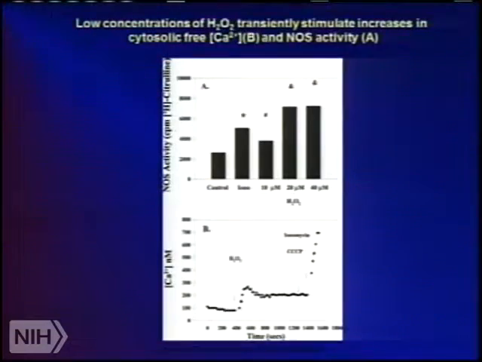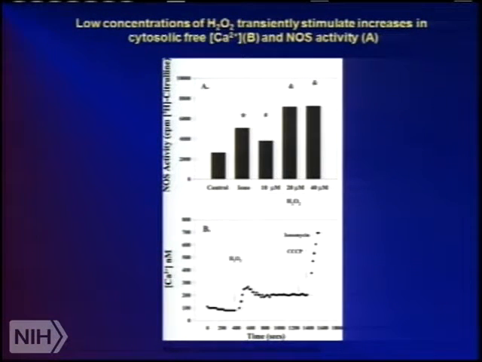So in cells, high doses of hydrogen peroxide will kill them, but low doses can stimulate proliferation. And so we see then at low doses of ionomycin, which increases cytosolic calcium, NOS activity gets turned on.